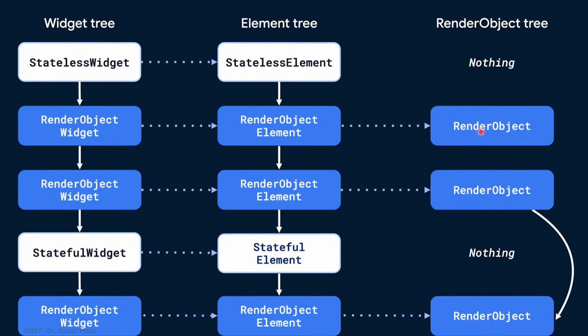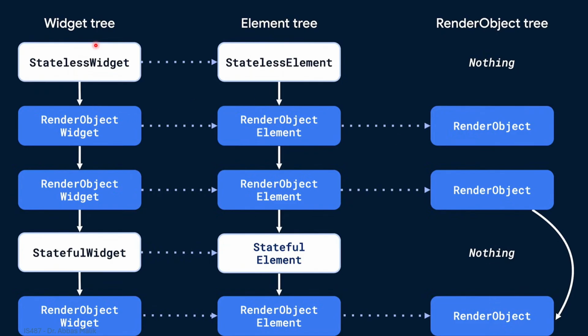So only for those visible elements do we have the render object. All those non-visible ones, which are used for structuring the widgets into a specific layout, are not rendered on the screen, so they will not have a render object in the render object tree.